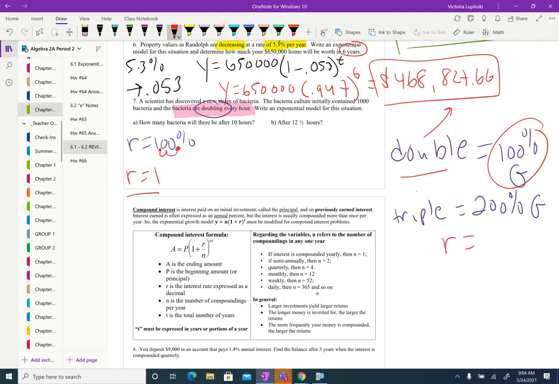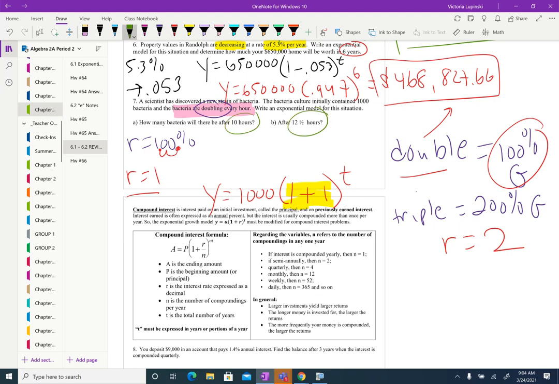If you do it for the tripling, you're going to get 2. So all that means is that when you go to write your equation, you're going to get 1,000 bacteria to start. Because it's growth, you're going to do 1 plus R, which in this case is 1 plus 1 to the t. If you add 1 plus 1, you're going to get 2, which should make sense because you're doubling.